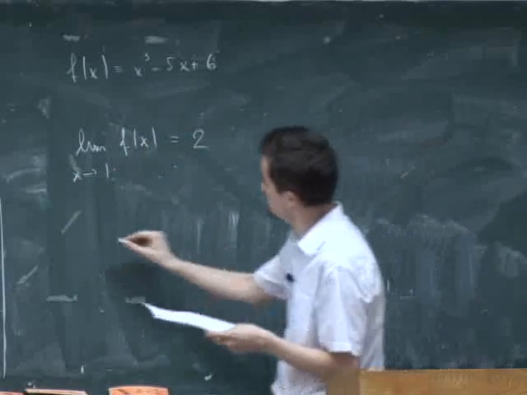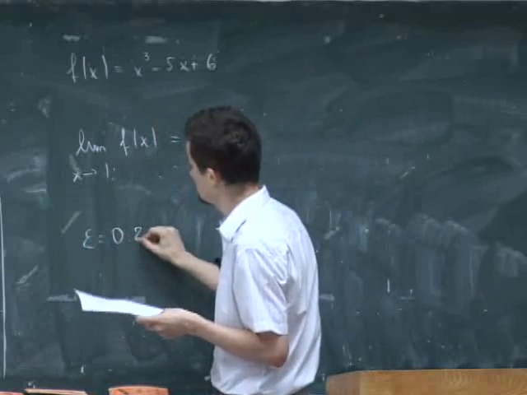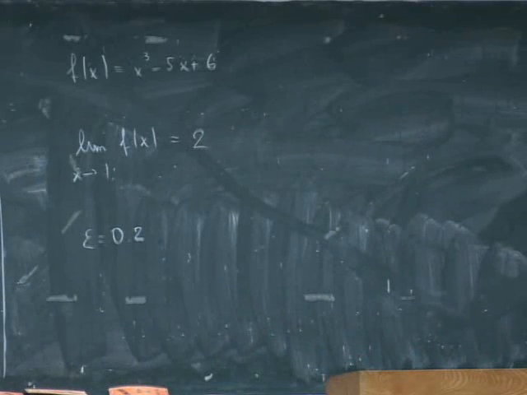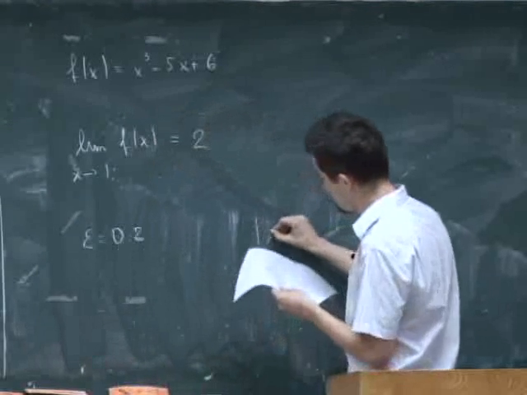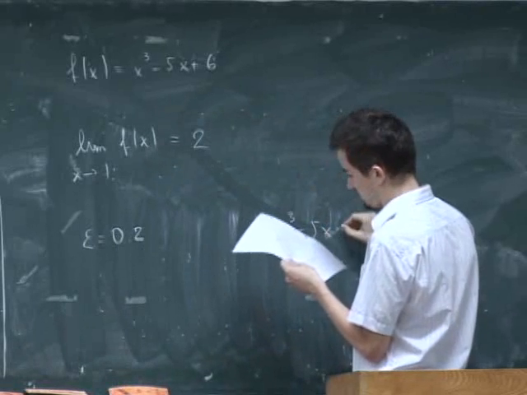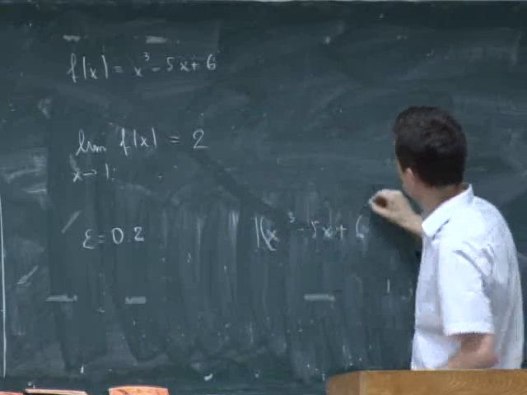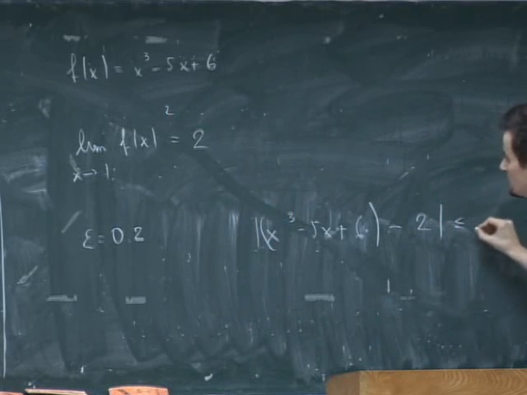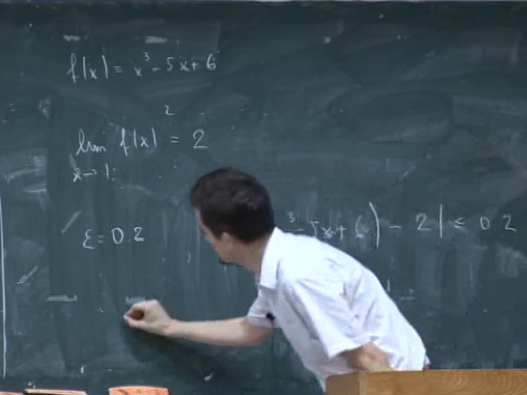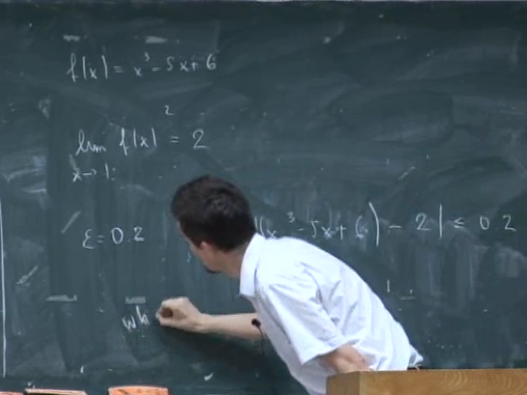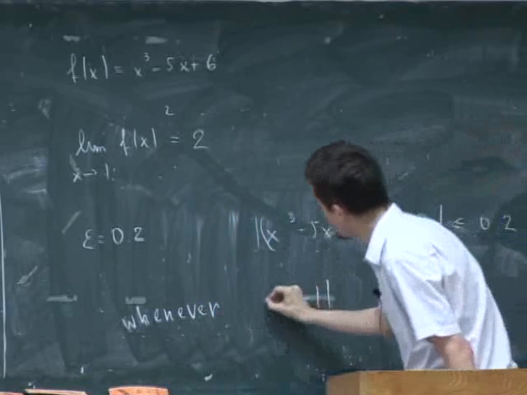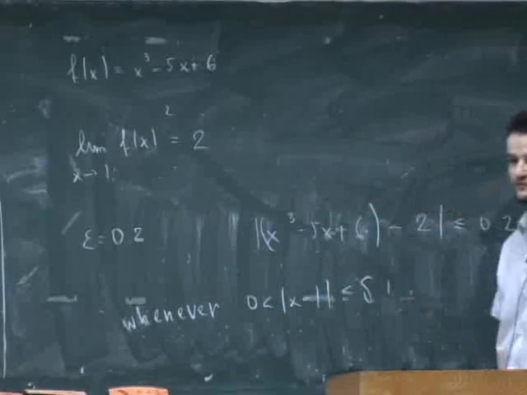Now, for instance, if I give you the epsilon 0.2, then you have to find a delta such that for all x in the delta interval around 1, you get that the absolute value of x cubed minus 5x plus 6, so our function, minus 2, the claimed limit, is smaller or equal than 0.2, whenever the distance between x and 1 is greater than 0 and smaller or equal than the delta which you have to find. Okay.